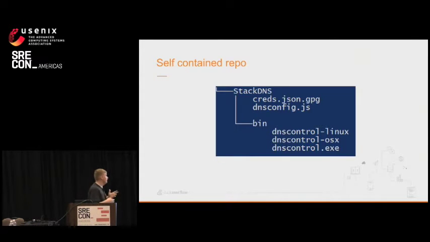So we can give each of our SREs, we have a single repo that has all of our DNS-related things in it. It has our config file, dnsconfig.js, and has all the credentials for our cloud accounts encrypted. That'll be important later. But it's not just plain text in our repo. That would be bad. We also put the binaries in there because we have SREs that all have different preferences for what system they use.